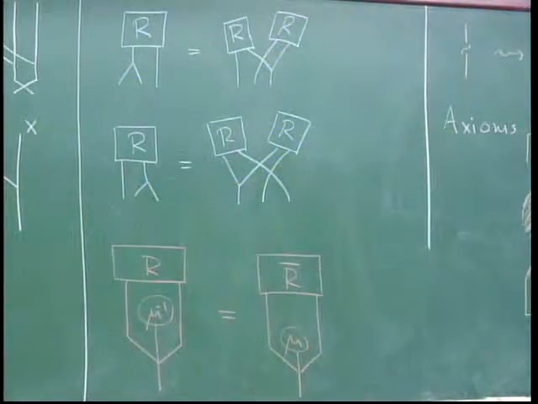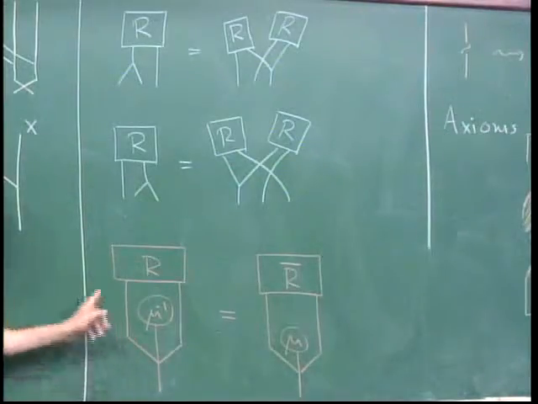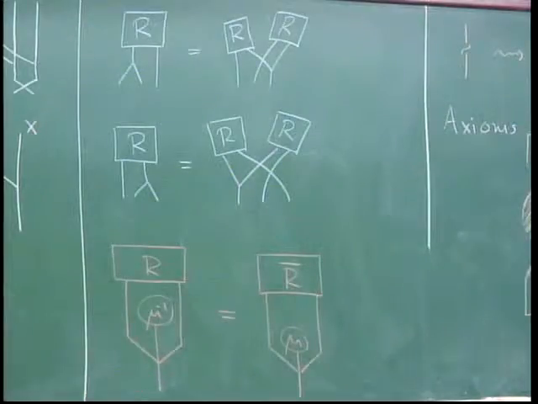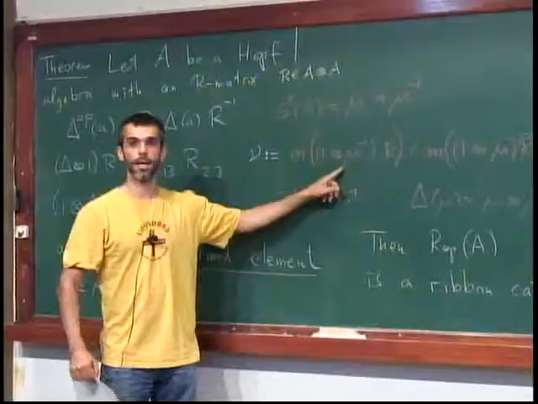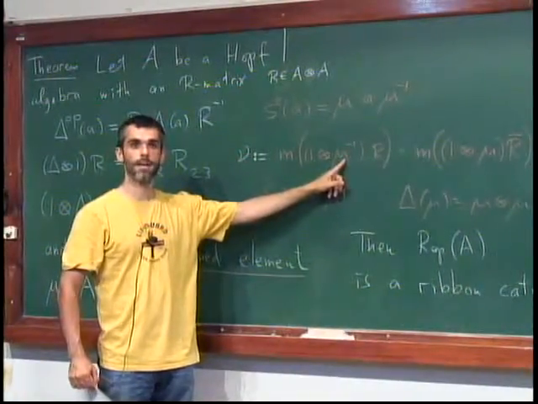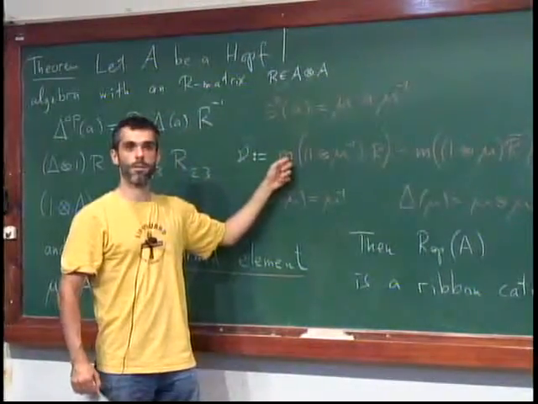So for example, using this picture, this notation, you see that this expression is actually quite left-right symmetric, which is completely obscured by this notation. Here you have the feeling that you put mu inverse on the right, but actually here I use a multiplication, there I use a multiplication.